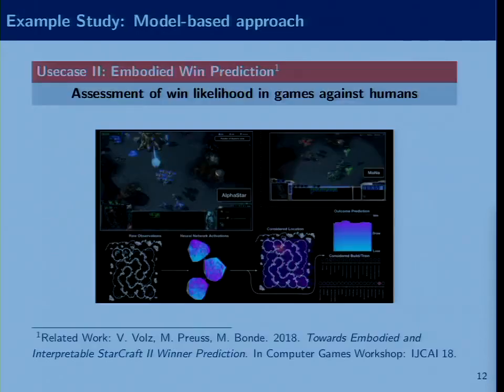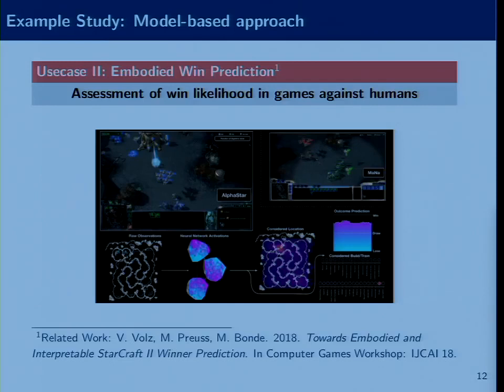We also wanted to look at a model-based approach. So a use case for this is based on previous work with Mike. It's about win predictions within an agent, so embodied win prediction.